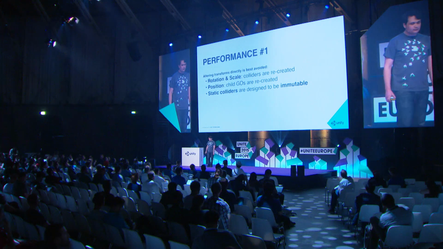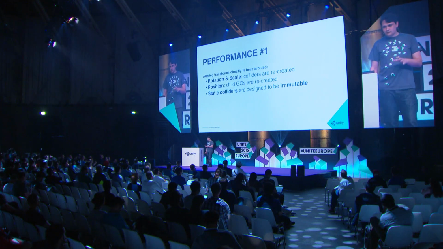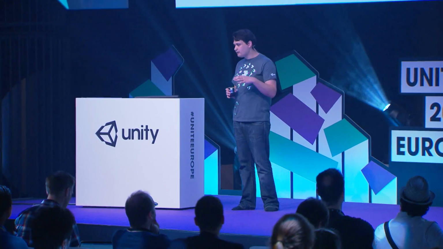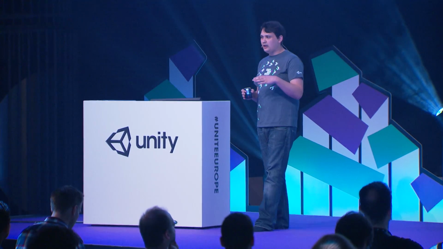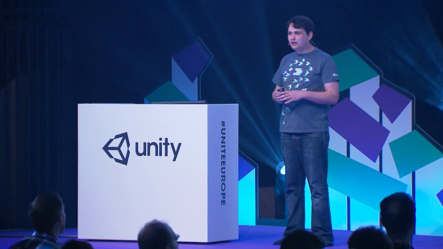I'd like to start with performance aspects. One such performance consideration is to understand how Box2D works with transforms. There are several important things. First, when you have a game object and a bunch of colliders attached down in the hierarchy, Box2D doesn't keep track of the transform, and all child colliders just live in the space relative to the root rigid body.